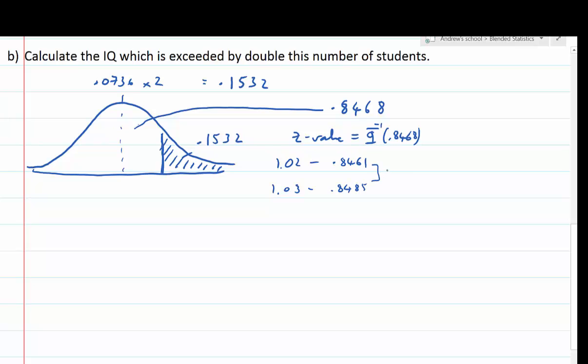This is a gap of 24, and I actually need to go to 0.8468, so I want to go 7/24 of the way through that interval. 7/24 as a decimal is 0.29, so technically the Z value is 1.0229. We would never have to be this accurate in the AP, but interpolation does work, and this does make sense. So that means that the IQ that we're looking for needs to be 1.0229 standard deviations above the mean.